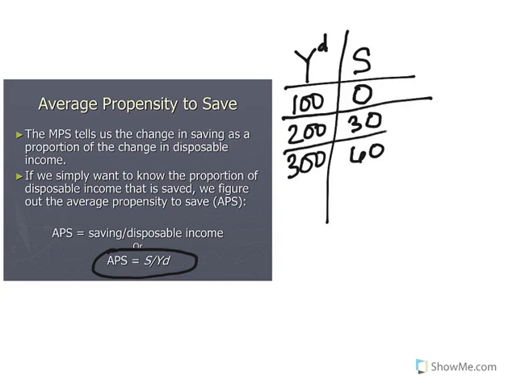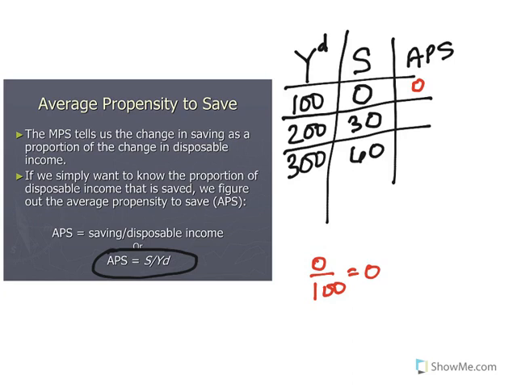So now we can calculate what our average propensity to save is based on this data. Of course, you're just going to take the values for each row. So when disposable income was 100, the value of saving is 0. 0 divided by 100 is going to be 0. So on average, when income is 100, we save nothing.